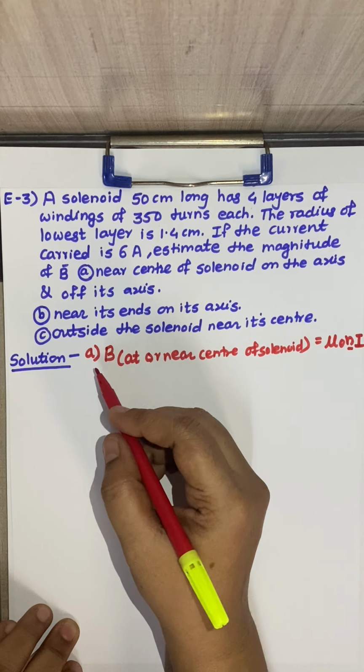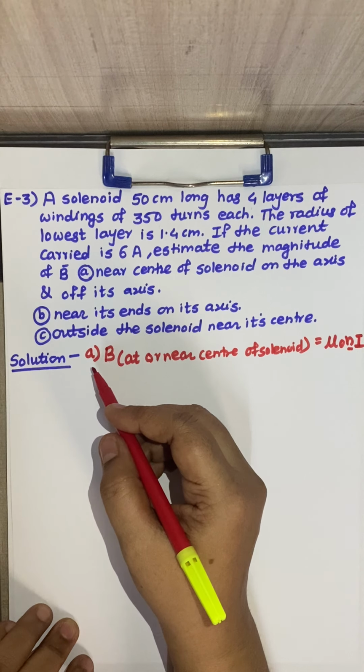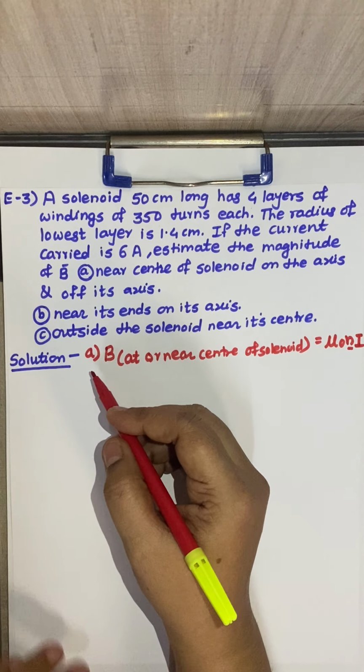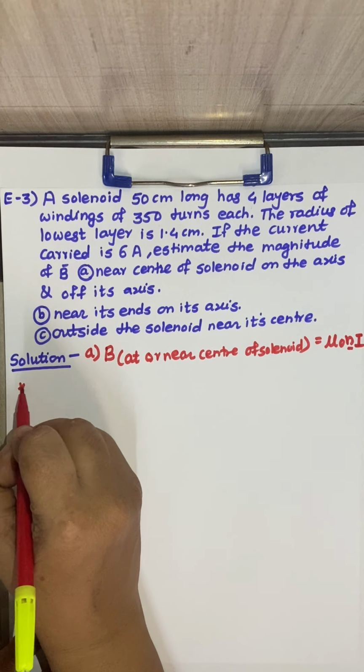And this expression is also used if the solenoid has more than one layer of the windings, because the radius of the wire does not enter in this equation. This is a very important point, so I will write it down here.